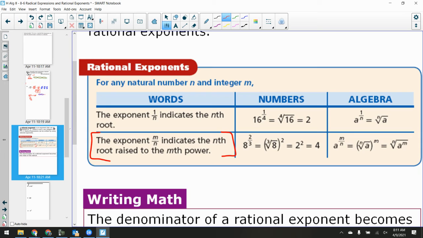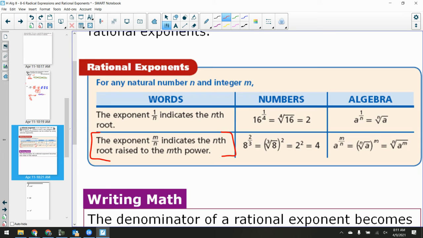If I've got an exponent, say 8 to the 2/3 power, that means the 2 is the power on 8, and 3 is the index. So I could write that as the 3rd root of 8 squared, or equivalently, since this is commutative, 8 squared and then taking the 3rd root of that.